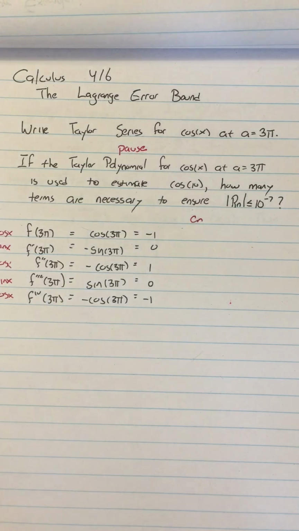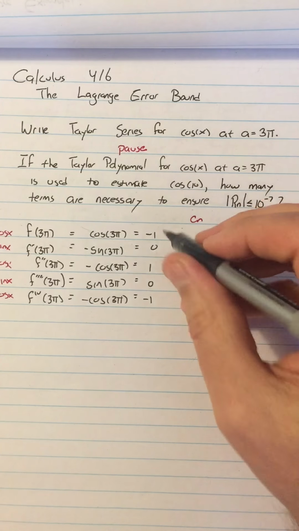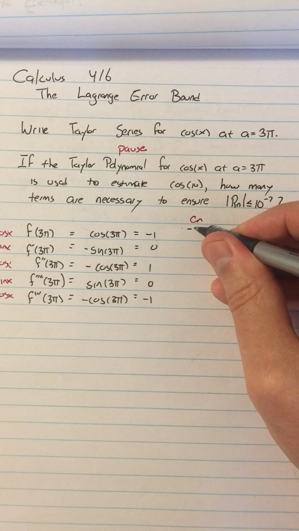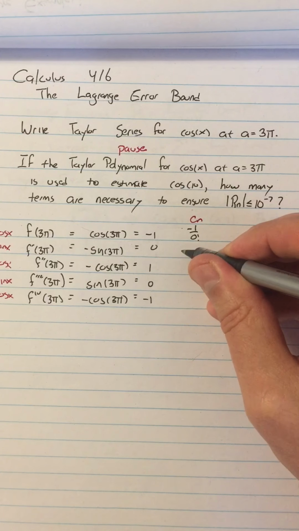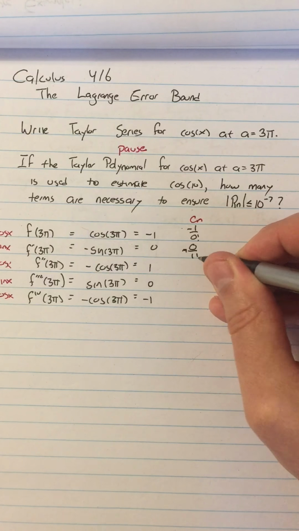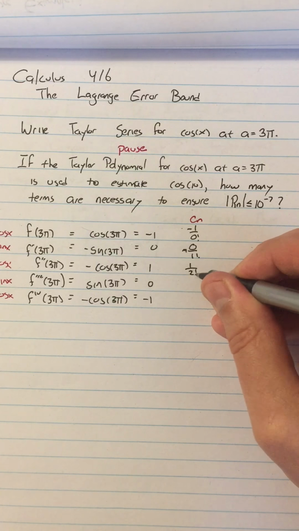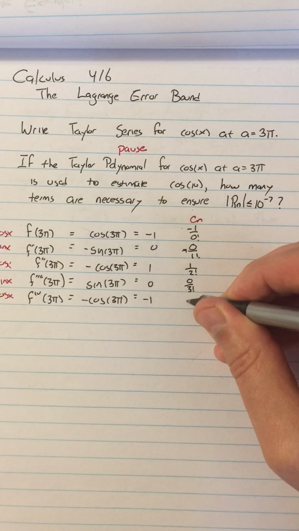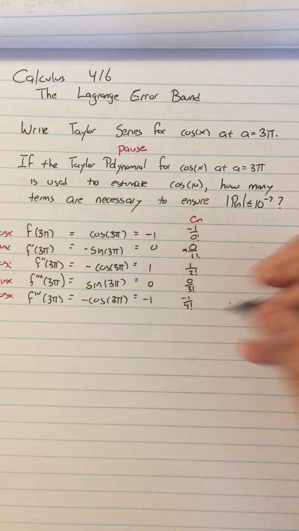The c sub n is f n of a over n factorial. So just take this number and put it over n factorial. This is going to be negative 1 over 0 factorial, 0 over 1 factorial, 1 over 2 factorial, 0 over 3 factorial, and negative 1 over 4 factorial.